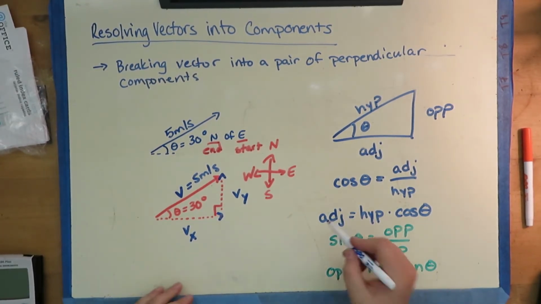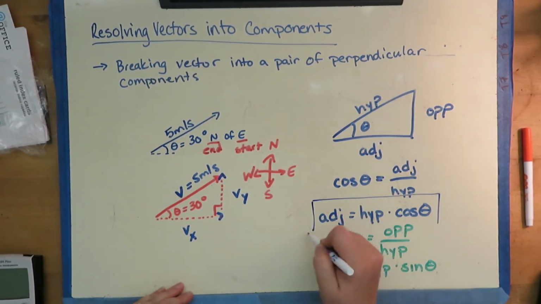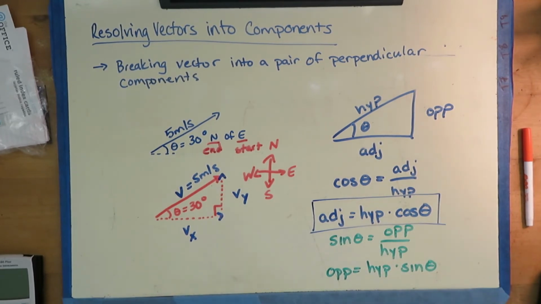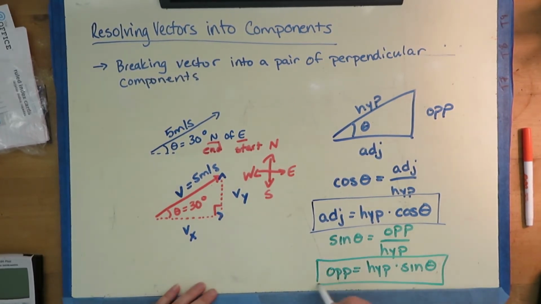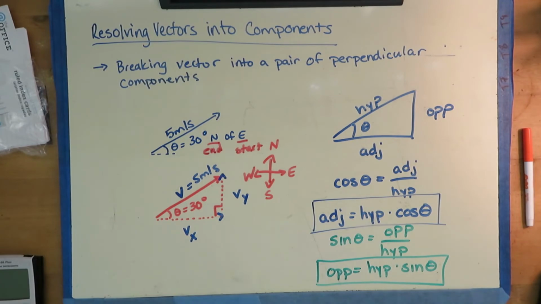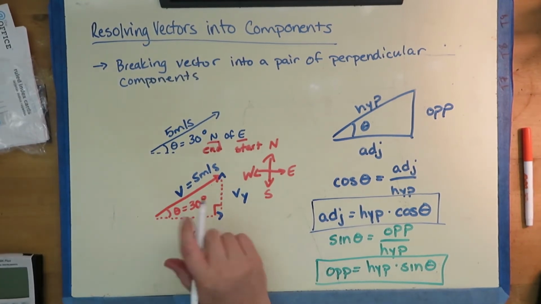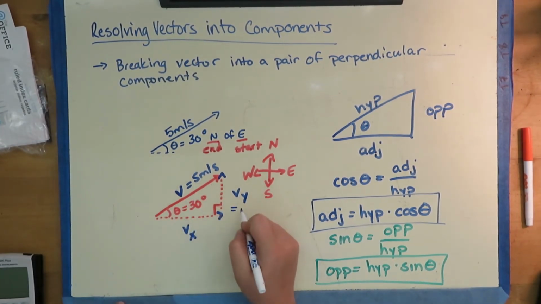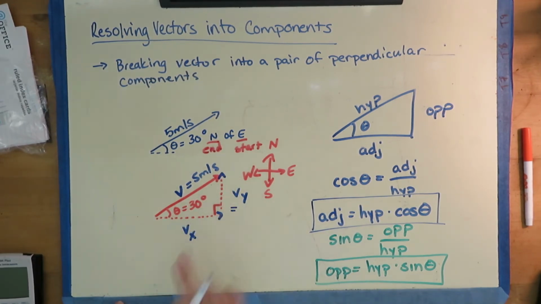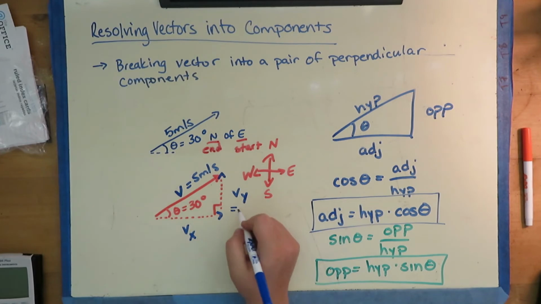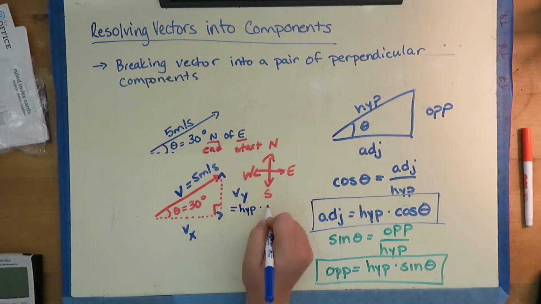So I have basically just defined how to find my two components by using these trig functions, at least the magnitudes of them. So if I wanted to find Vy, Vy is the opposite side of this triangle, so it is going to be hypotenuse times sine theta.